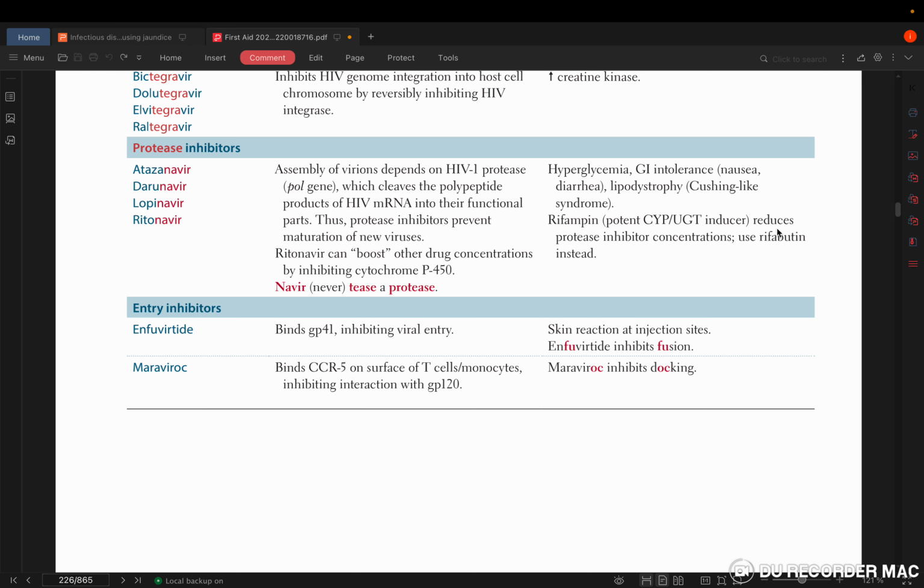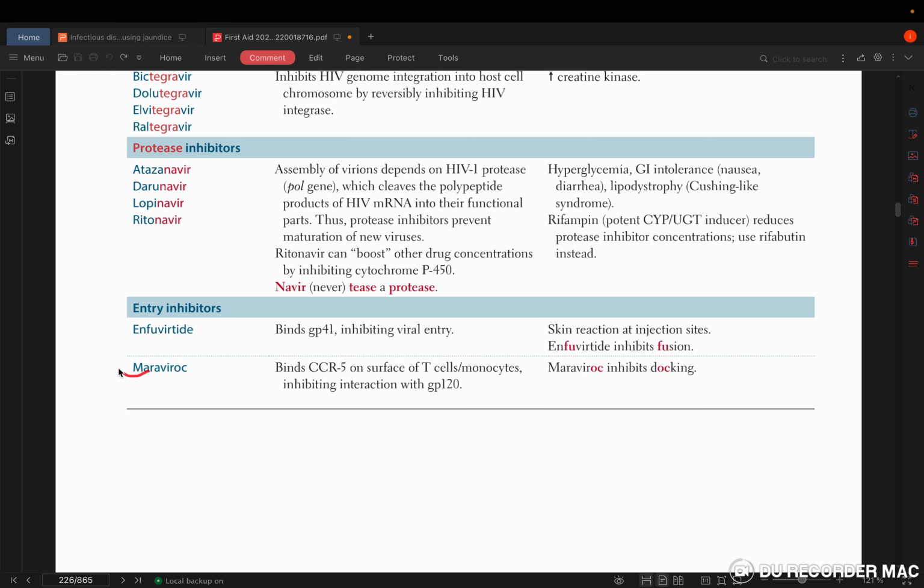So the inducer is going to reduce the protease inhibitor concentration. Thus, you will use an antibiotic against TB that will not ramp up the cytochrome P450, which was rifabutin instead of rifampin. So rifabutin is not as much of an inducer for the cytochrome P450 as rifampin. So we prefer it over rifampin if both of the drugs are metabolized by the cytochrome P450.